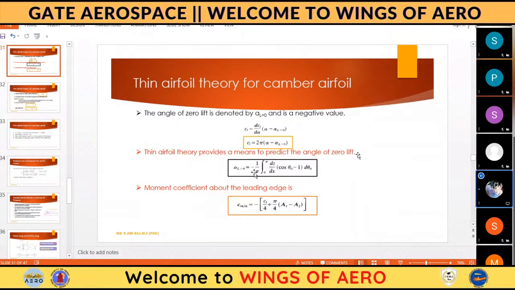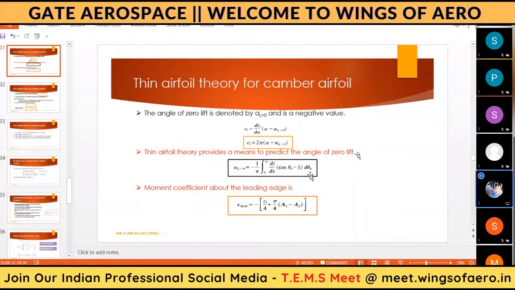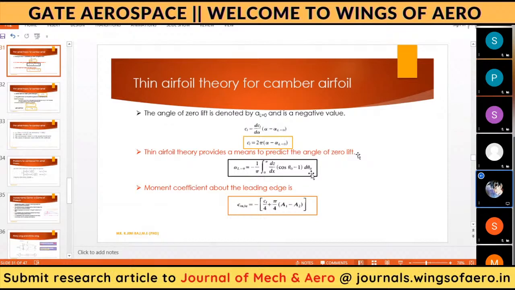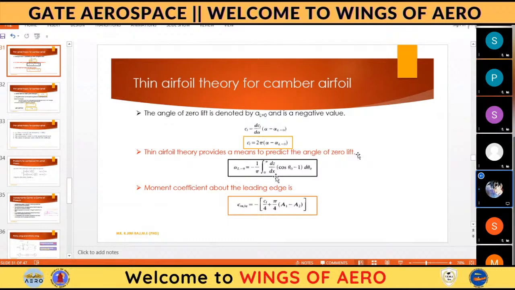You can see the slide now. Alpha L equal to 0 equal to minus 1 by pi integral from 0 to pi of dz by dx into cos theta minus 1 into d theta. Okay. So we need to convert this alpha L equal to 0 equation, that is z by c into dz by dx value, like this.